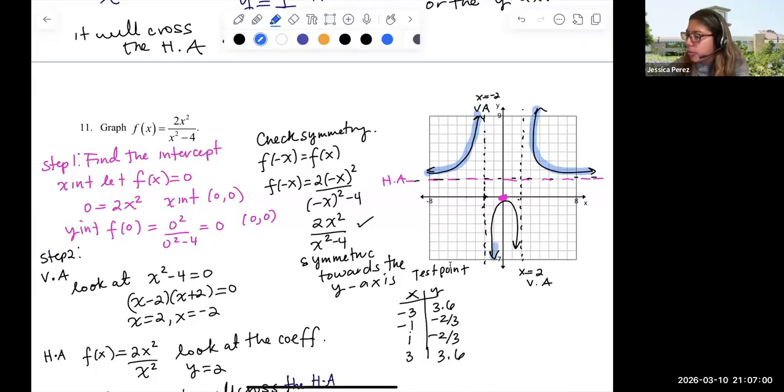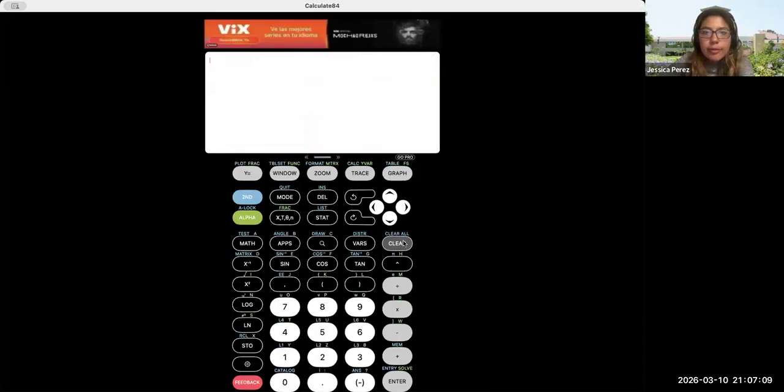And then to check, you want to make sure that you look in your calculator. So we can go ahead and do that together. On the TI-84, you're going to place y equals, and erase your first entry here. You're going to use parentheses and place 2x squared here, close parentheses, divided by open parentheses, x squared minus 4.